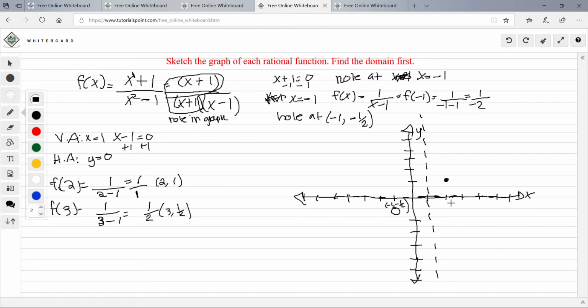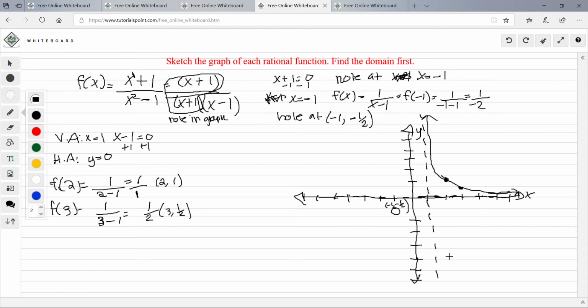So here's 1, 2, 3, comma, and then half is right here. So I know it's definitely going to go like this. It never passes the 0 because that's our horizontal asymptote. It gets really close, but it never touches. The same thing with x when it's 1, it gets really close to 1, but it never touches it.